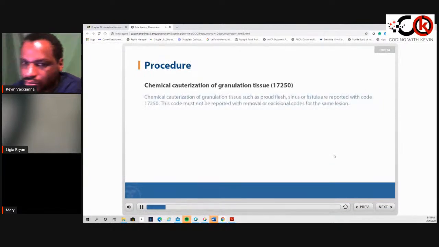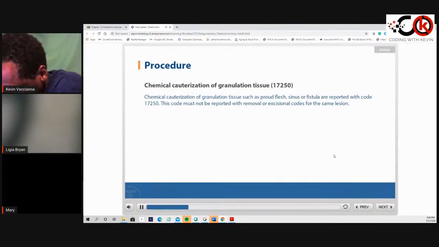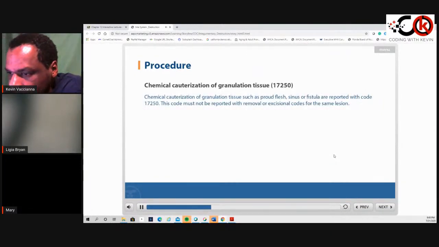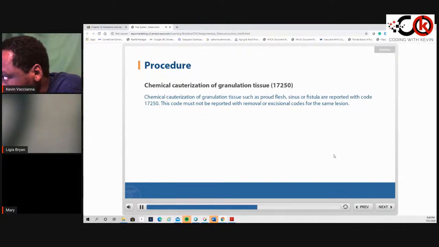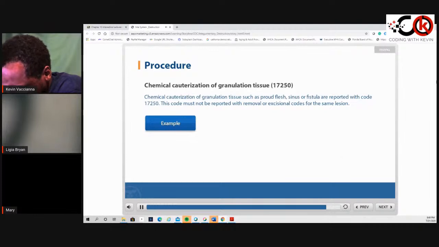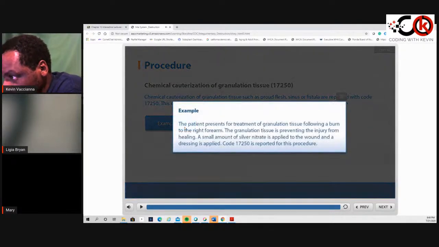Chemical cauterization of granulation tissues, such as proud flesh, sinus, or fistula, are reported with code 17250. This code must not be reported with removal or excisional codes for the same lesion. Click on the examples to learn more. The patient presents for treatment of granulation tissue following a burn to the right forearm. The granulation tissue is preventing the injury from healing.